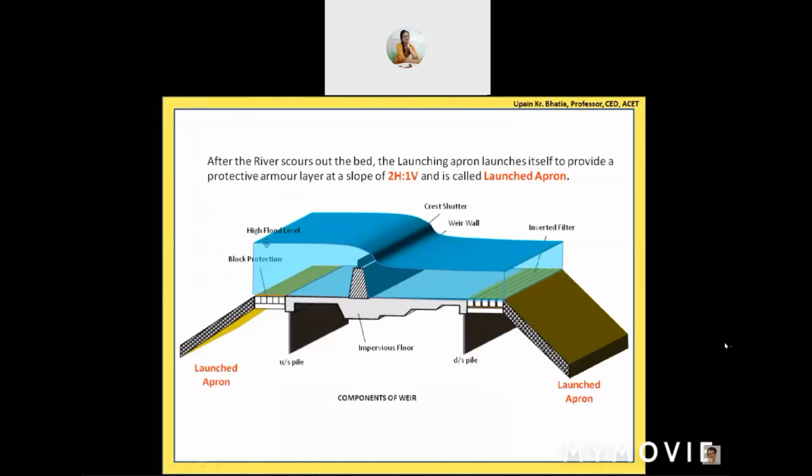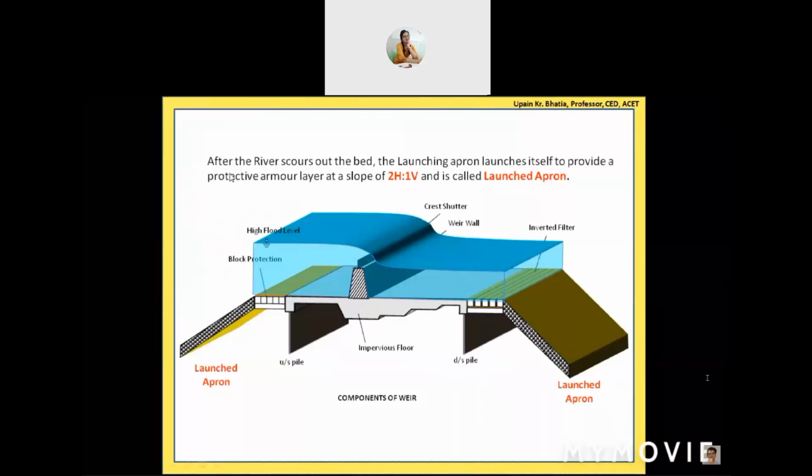Because the riverbed is loose, unconsolidated, and cohesionless material, these loose stones can go further deeper also, and the exact layer may not be maintained in future. So we keep on adding more and more stones over here, so that in case of floods, the launching apron keeps its function on, and it keeps protecting the entire structure.